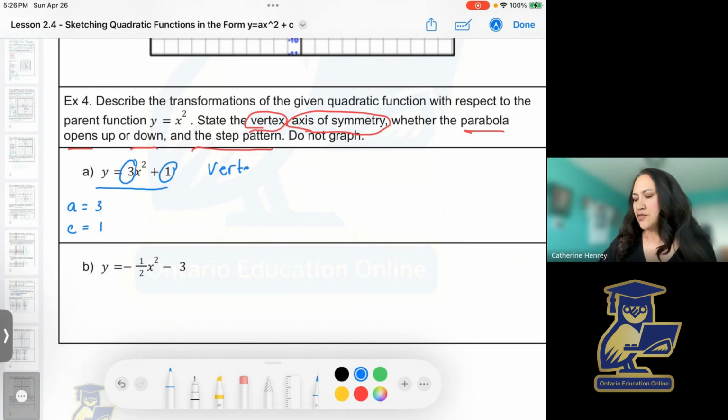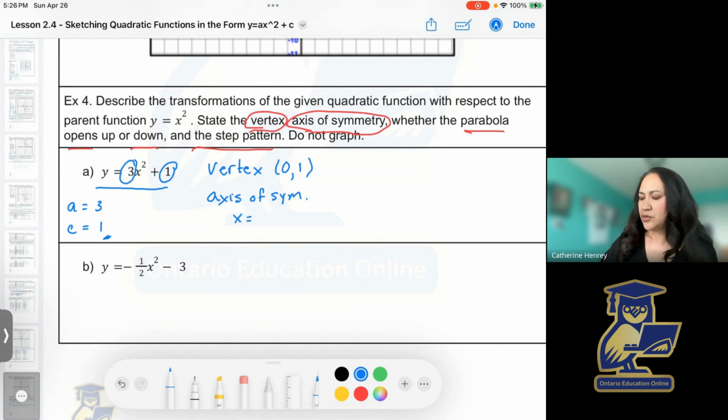The vertex for these graphs are going to be at 0 and whatever the C value is, which is 1. So there's the vertex. The axis of symmetry for these graphs are all the same, and that happens at x equals 0. Because A is positive, this parabola is going to open up.